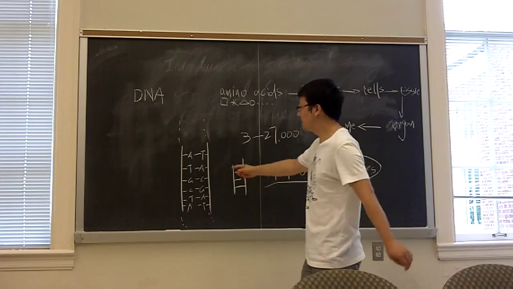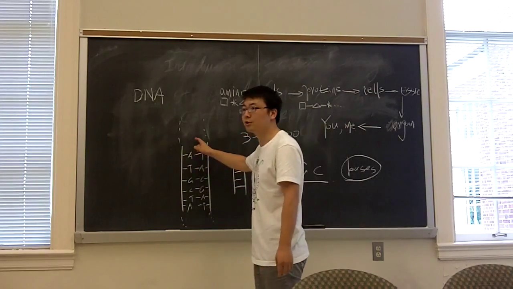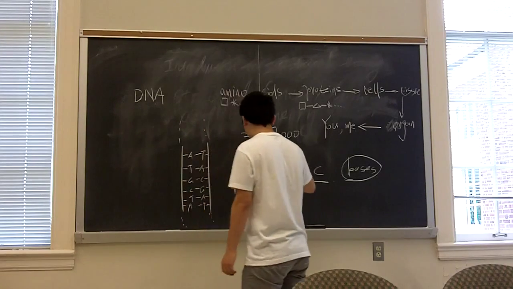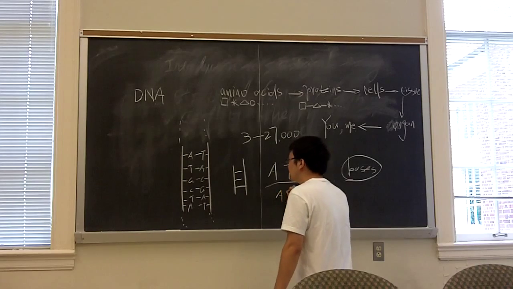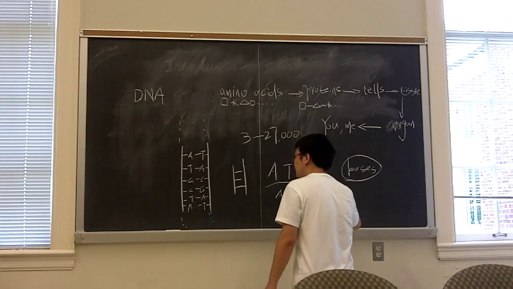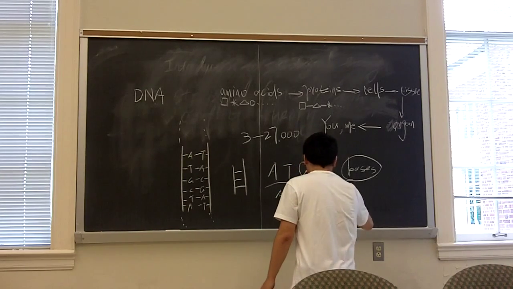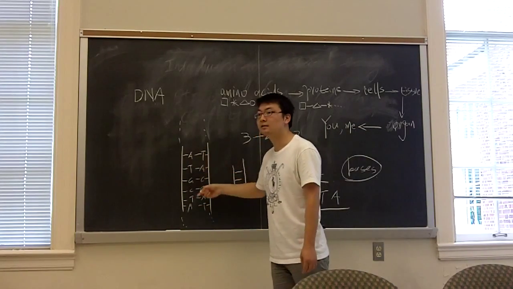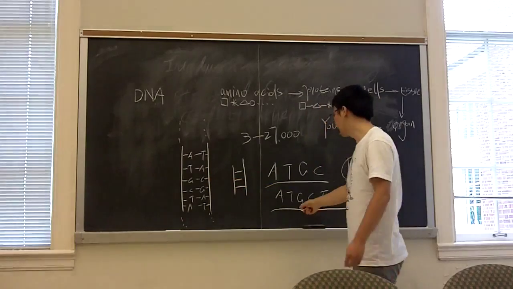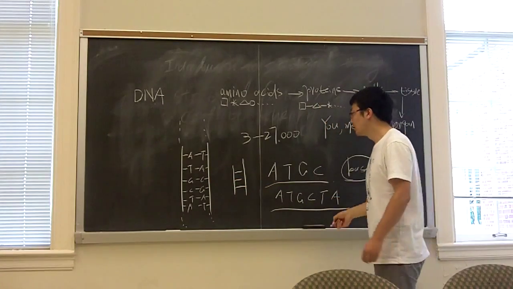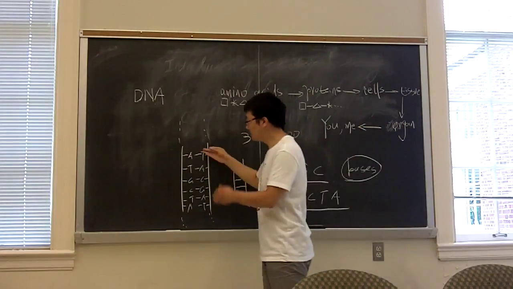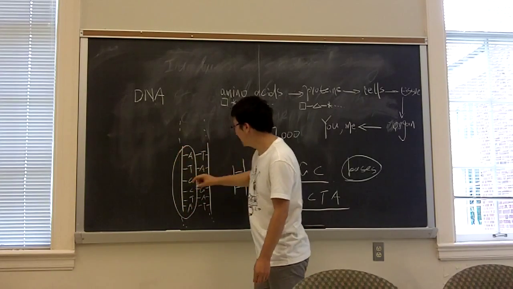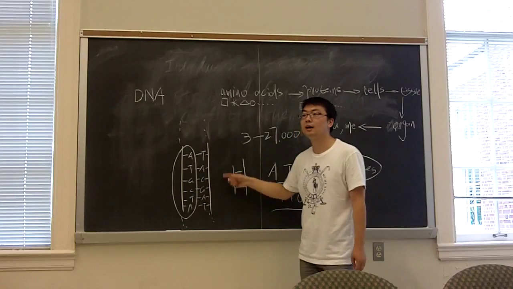If we read this sequence from top to bottom, we get A, T, G, C, T, A. If we read one side of the ladder, we get this sequence. And if we know one side of the sequence, we can know the other side.